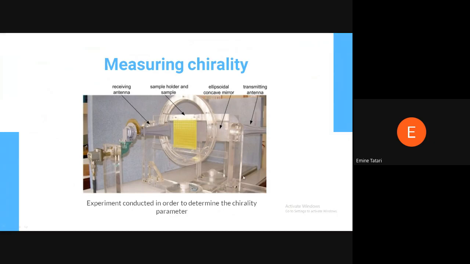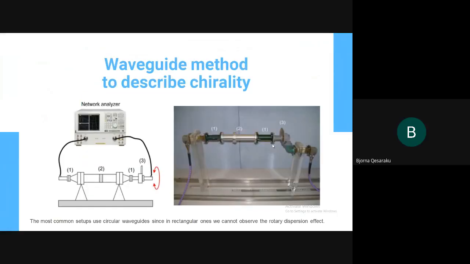Also, each antenna is connected to a network analyzer that measures the phase and the magnitude, which determine the chirality. This is the waveguide method to describe chirality, and the most common setups use circular waveguides, because in rectangular ones we cannot observe the rotary dispersion effect.